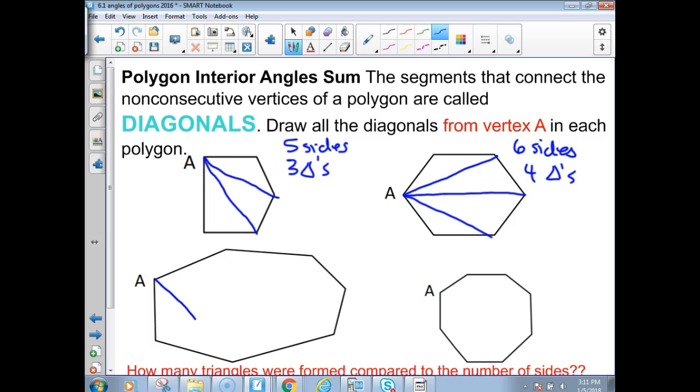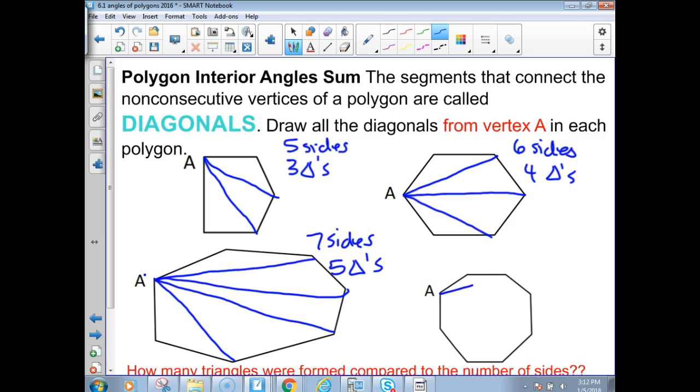If I go from A to all the vertices that make a diagonal, this figure had 1, 2, 3, 4, 5, 6, 7 sides and 5 triangles.